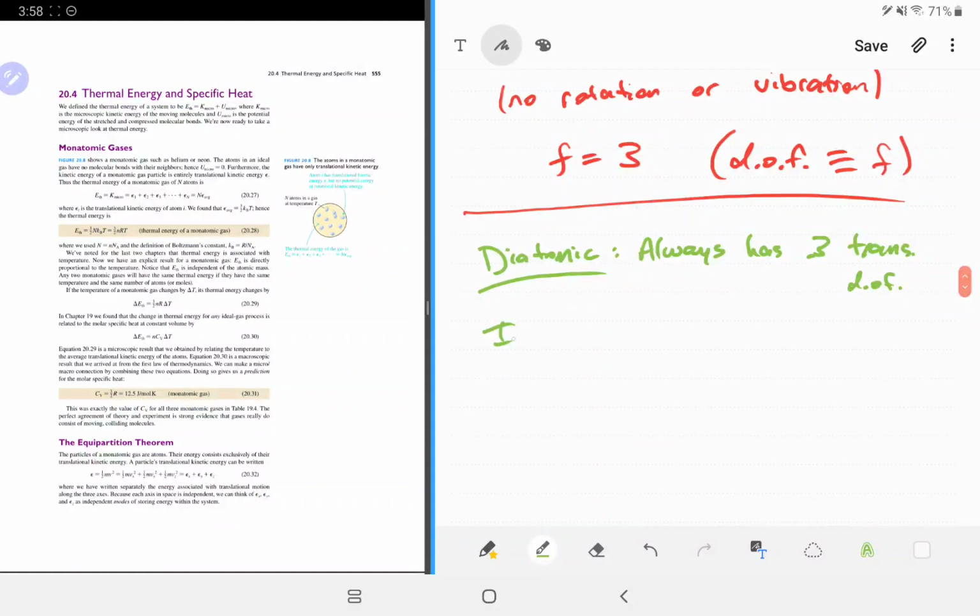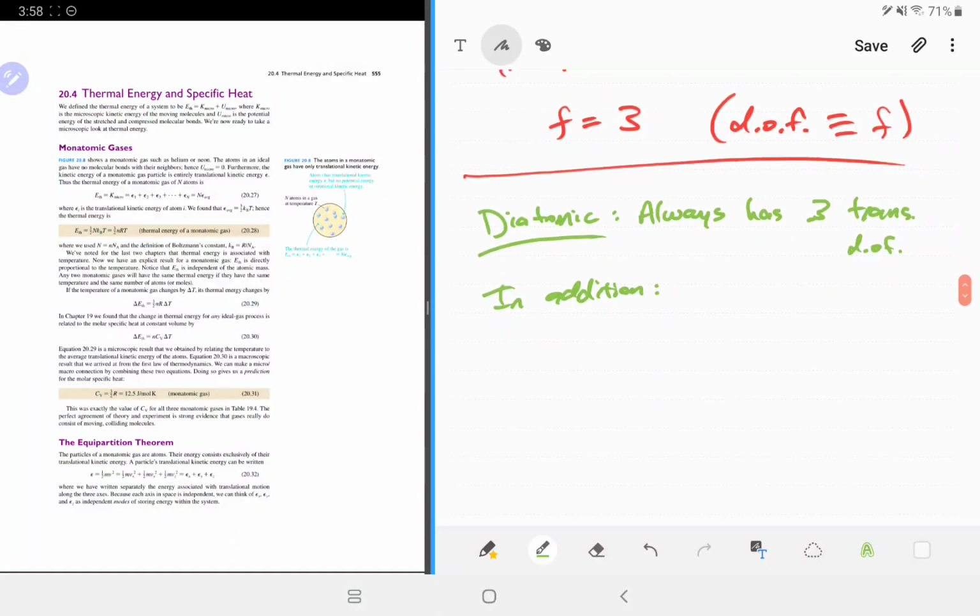In addition to this, a diatomic molecule can rotate. So there are 2 rotational degrees of freedom. The reason for this is that this molecule can rotate around this axis.